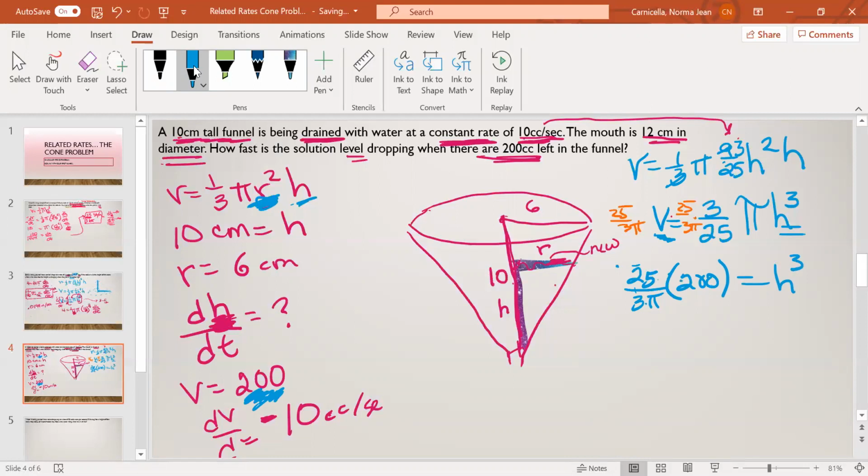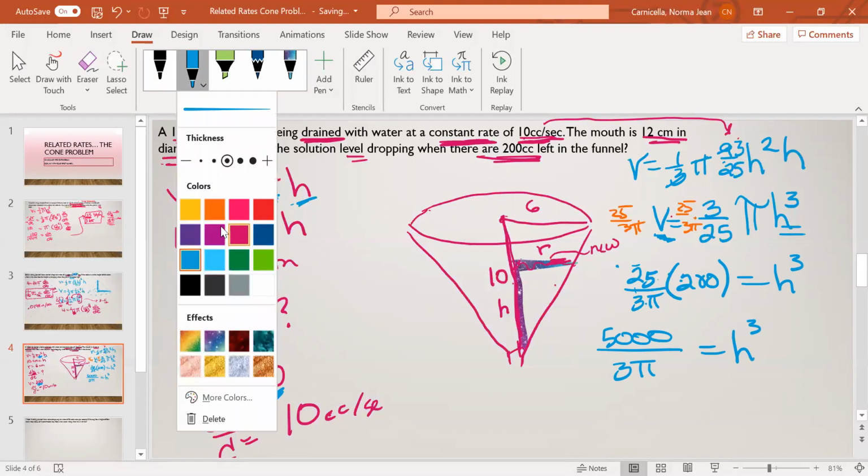So this gives me 5,000/3 pi is equal to H cubed. To get rid of that, I got to take the cube root of both sides.